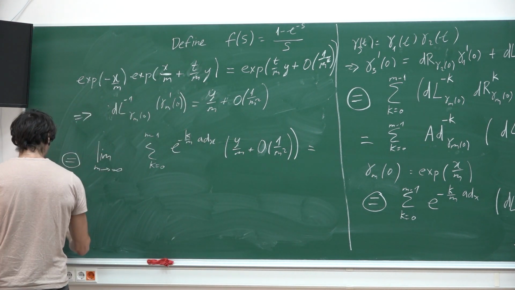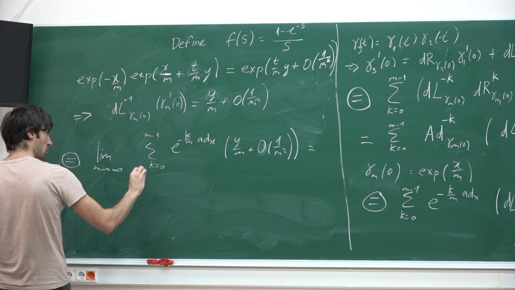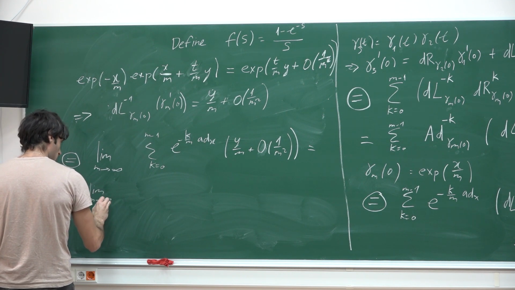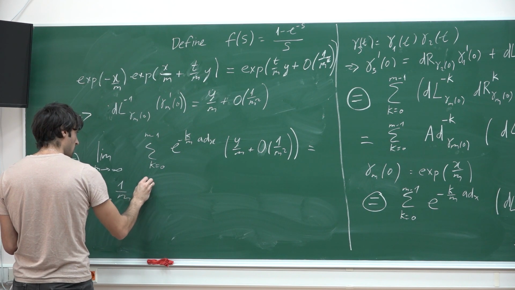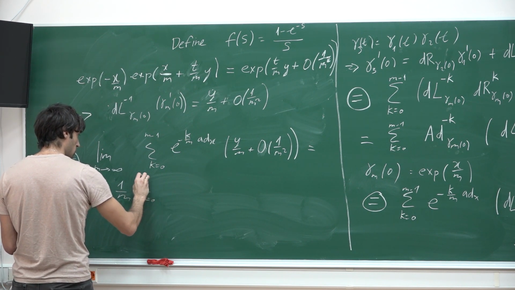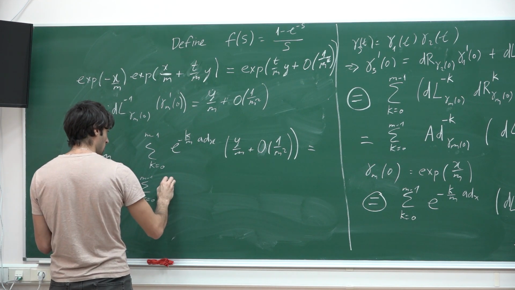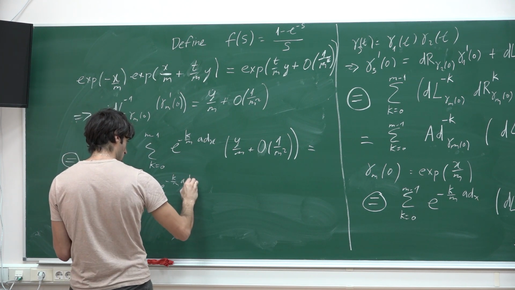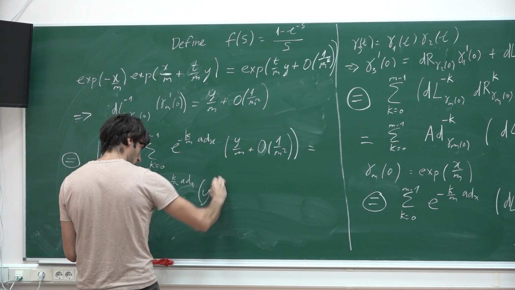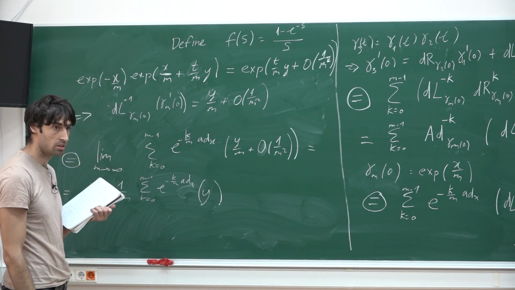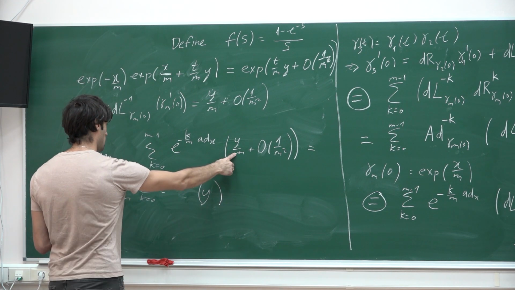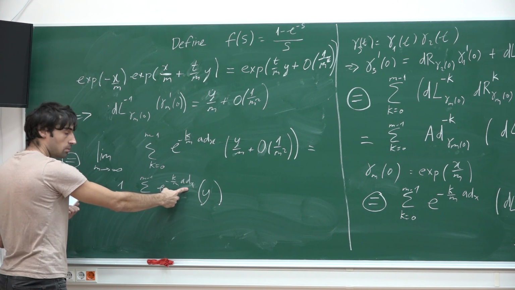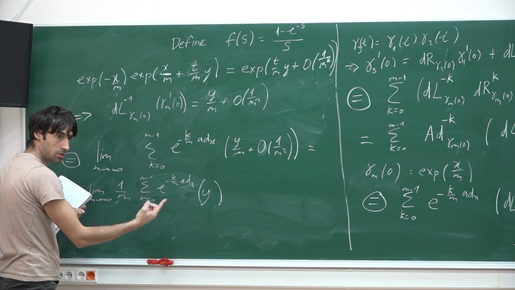Okay, then I would like to write it as a sum. So I will have the limit as m goes to infinity of 1 over m, sum k from 0 to m minus 1 of e to the negative k over m, ad x, applied to y. This 1 over m I just moved outside because this is just some linear map, so I can move it through a linear map.